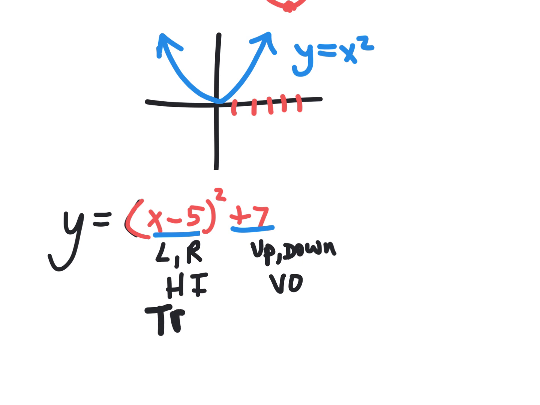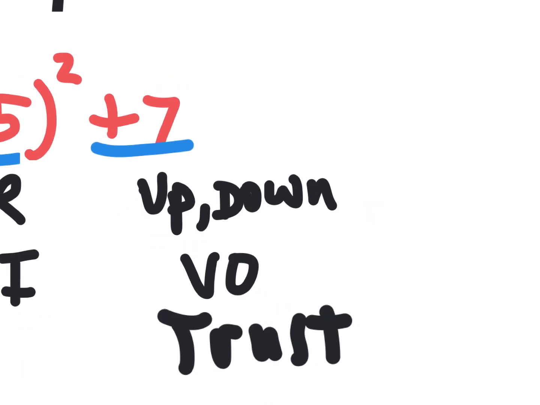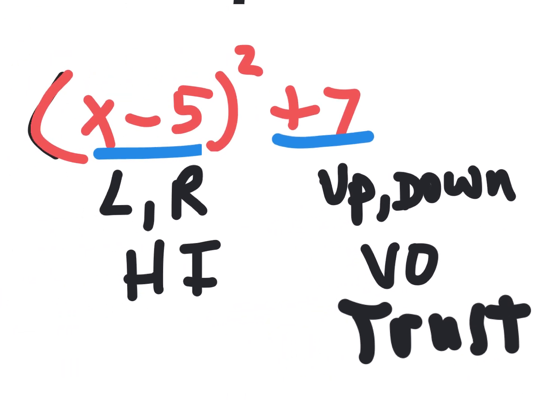No, wait. Trust is on the outside. You can trust the outside number to be like what you would expect. Like if this is up or down, would you agree plus 7 seems like it's up 7? Yeah, and it is up 7. And you can trust the stuff on the outside. But you can't trust the stuff on the inside.